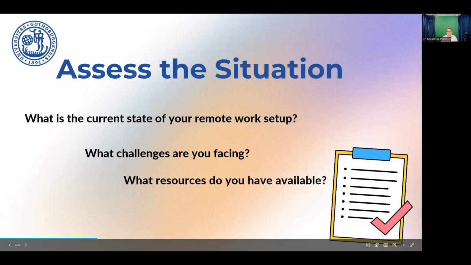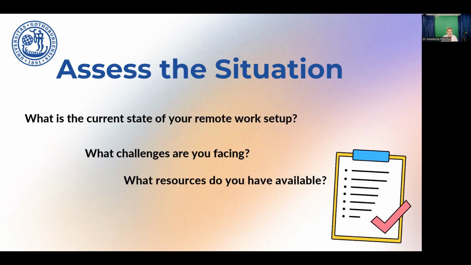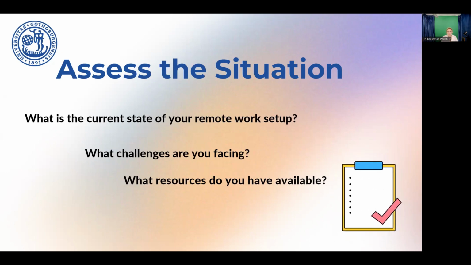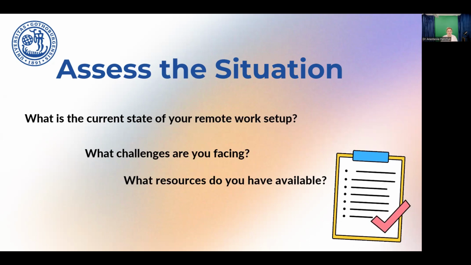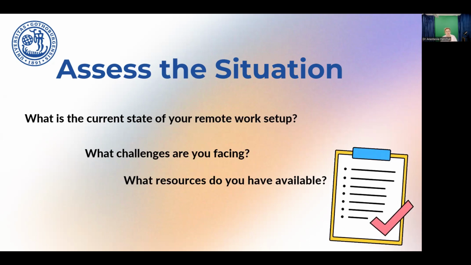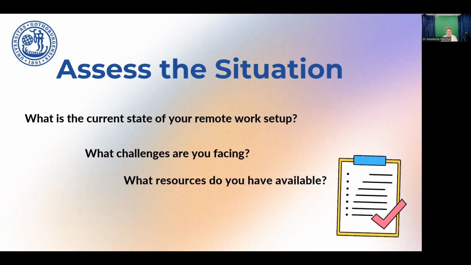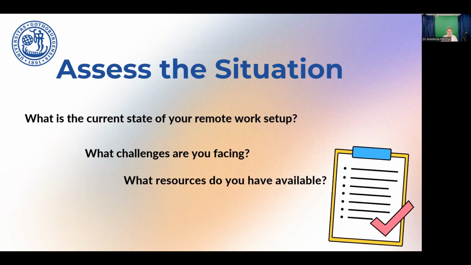So the first stage is assessment of the current state of business. What do we have right now? What kind of situation do we have right now? First of all, you should definitely think about whether you and your staff are on the same page, that you and all your team members have the same opinion, the same technologies to provide your work remotely.